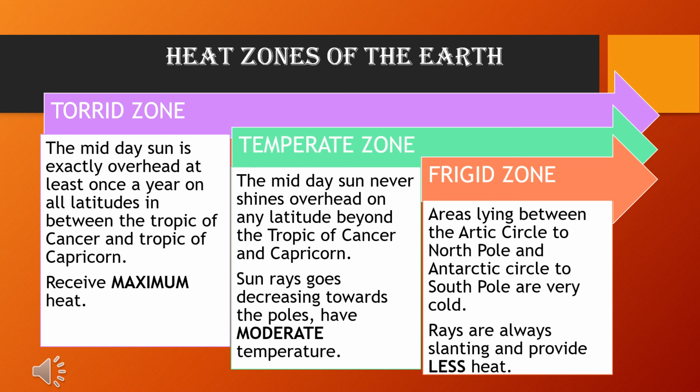Areas lying between the Arctic Circle and the North Pole in the Northern Hemisphere, and the Antarctic Circle and the South Pole in the Southern Hemisphere, are very cold. It is because here the sun does not rise much and its rays are always slanting and provide less heat. Therefore, they are called the frigid zone.